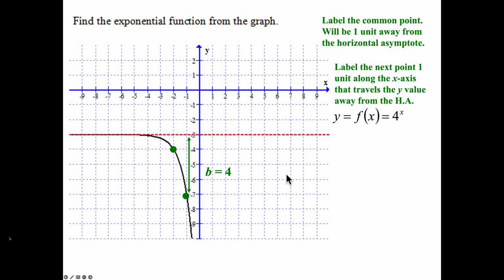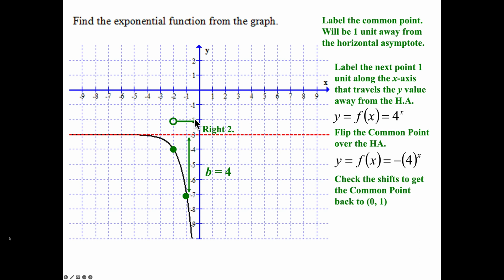Now, some people, some teachers, some authors will talk about moving this graph back up to the top. Okay? Well, if you flip the common point over the horizontal asymptote, it goes right there. Well, when you flip over the horizontal asymptote, that's a negative now being multiplied to your base. Now, to get up to our normal location of 0, 1, we're going 2 to the right and up 3.